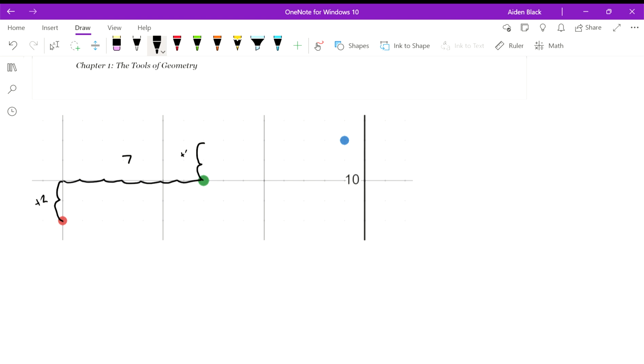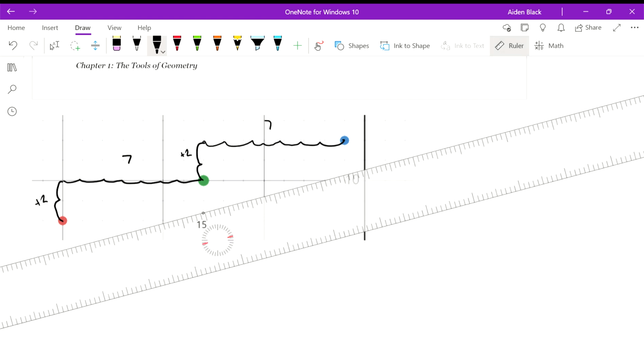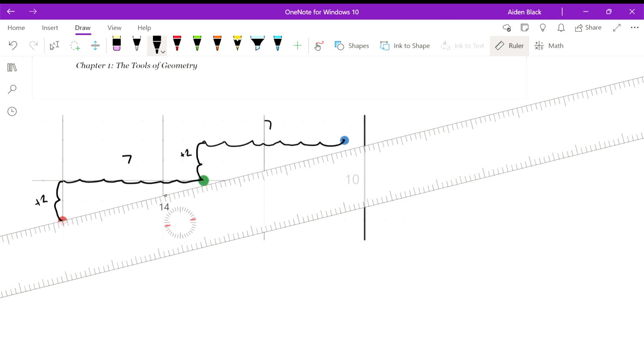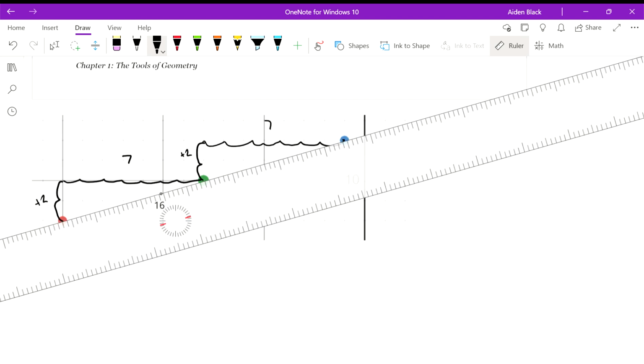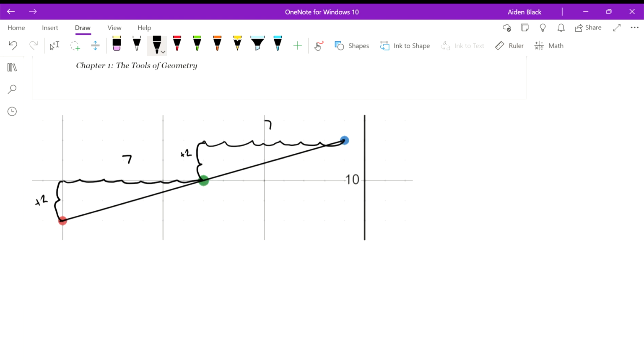We go up 2. Then we go to the right, 1, 2, 3, 4, 5, 6, 7. Okay, so that would create a straight line, just like that. So this would be M, this would be N, and this would be our midpoint. We'll just call it Q.